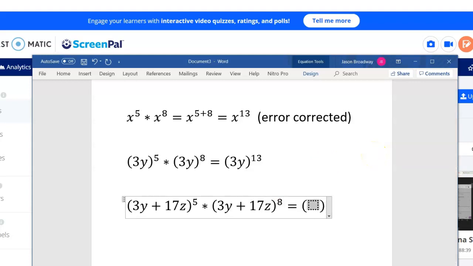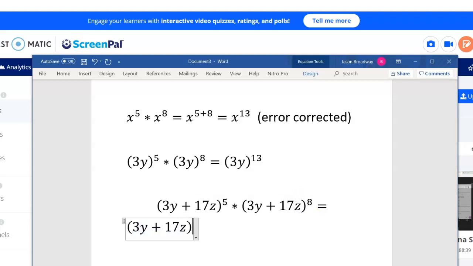That's going to equal that same convoluted thing, 3y plus 17z, raised to the power of, same rule, 5 plus 8. And that's going to equal the convoluted thing, 3y plus 17z, raised to the power of 5 plus 8, which is 13.